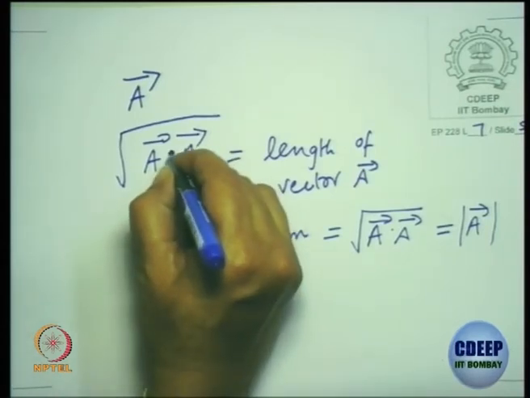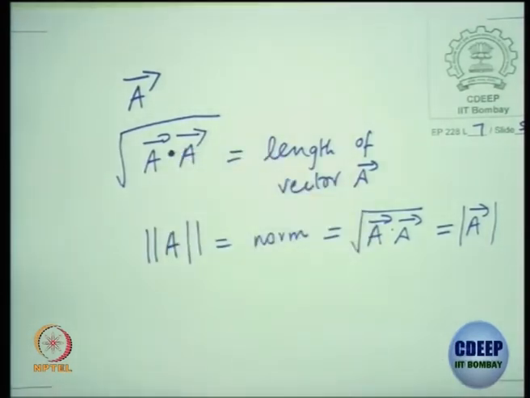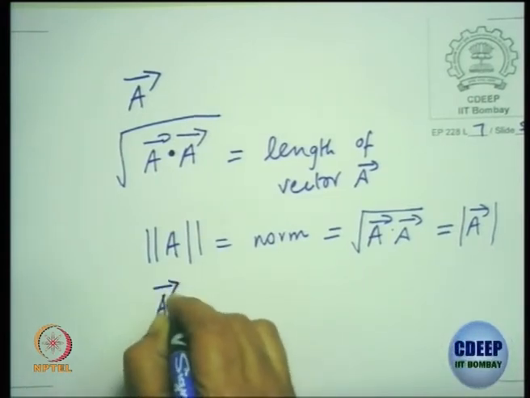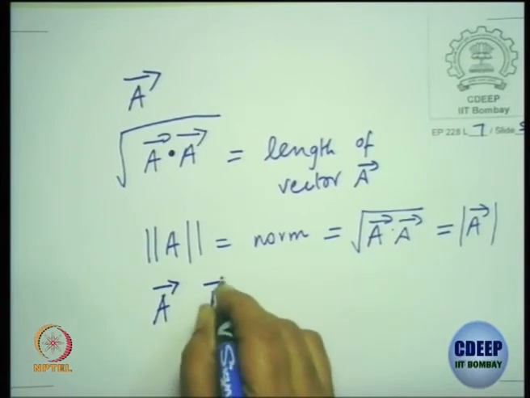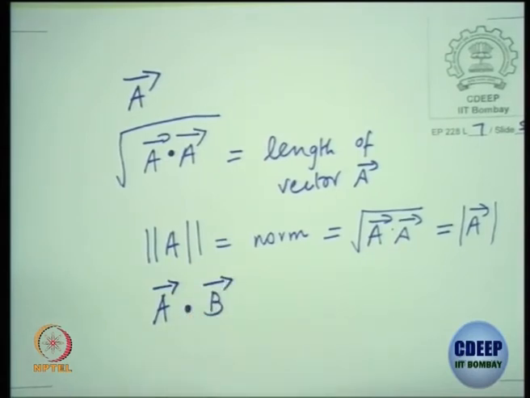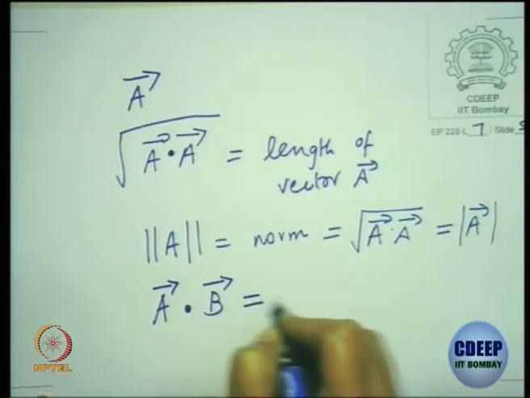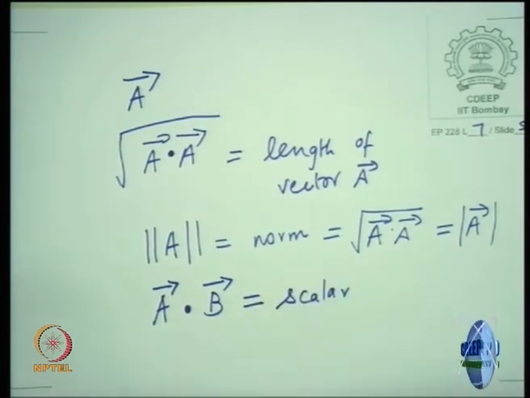I introduced a dot product, right? I have brought in the dot product, and what is the property of the dot product? If I take one vector A and another vector B and put in a dot product, this will give me a scalar. What is a scalar?